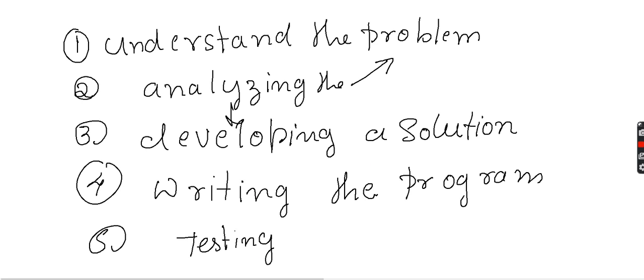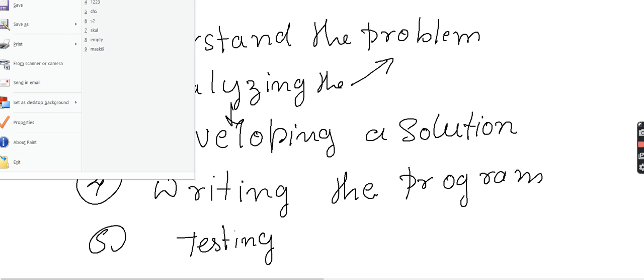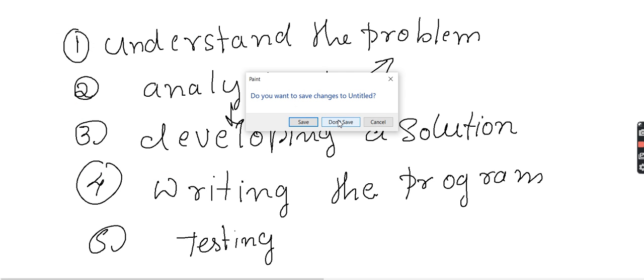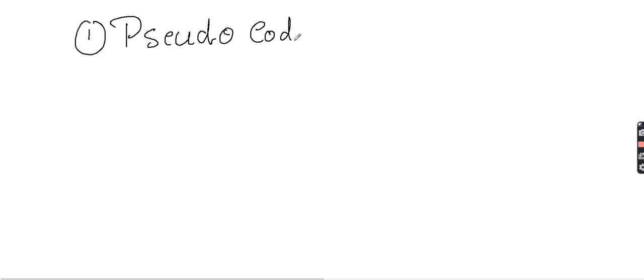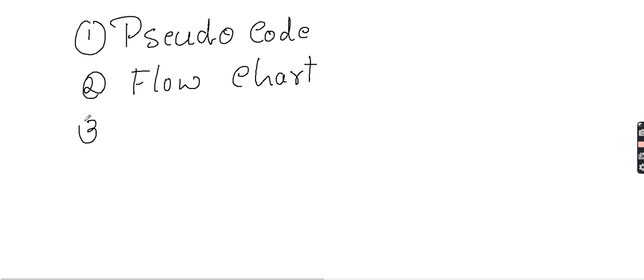Now to start with, we have three tools to develop a solution. Which are the three tools? The basic tools are pseudo code, the second one is flowchart, and the third one is algorithm.